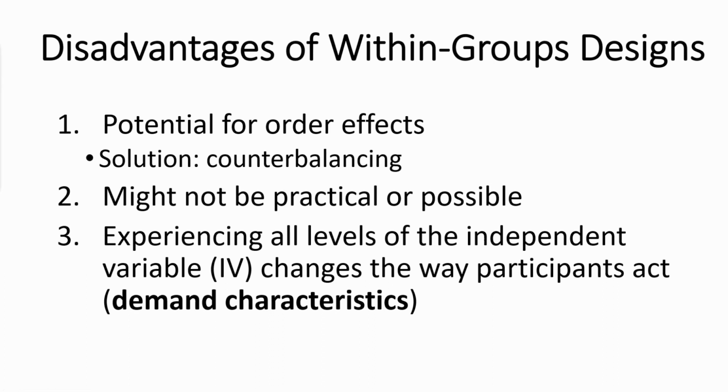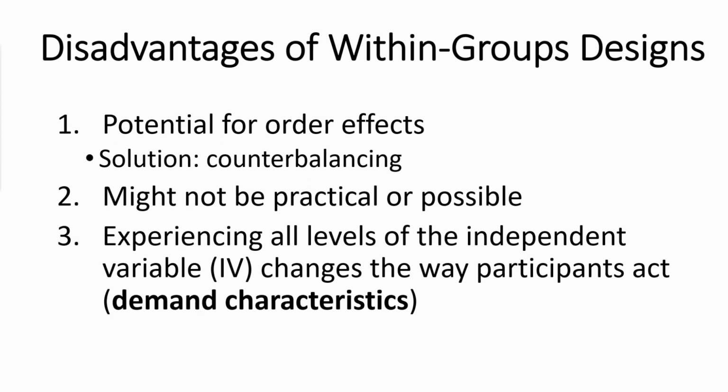Our third problem is that sometimes exposing your participants to all levels of that independent variable can change the way your participants act. And so this changing the way participants act is called demand characteristics or experimental demand.